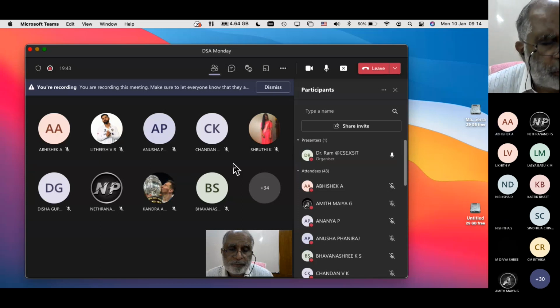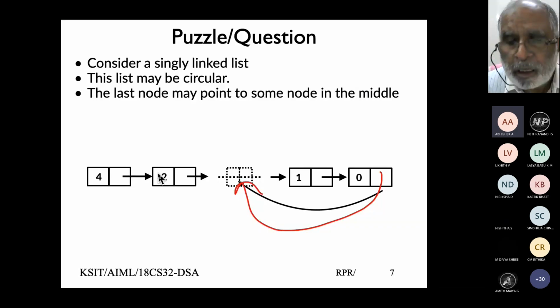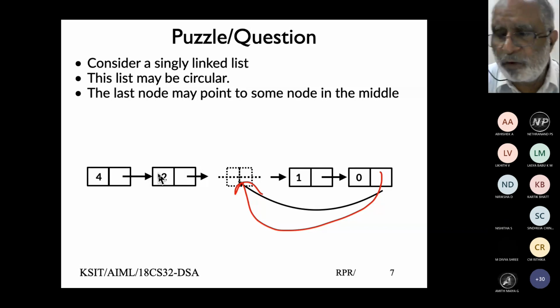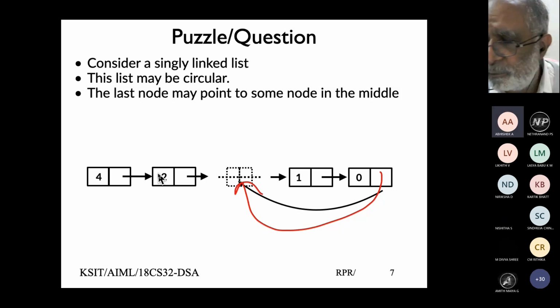Can you answer the question? How do you figure it out? If the pointer of the last node is null, then it is terminating, sir. How do you know that this is the last node? Because you are continuing pointing. When the pointer of that last node is null.